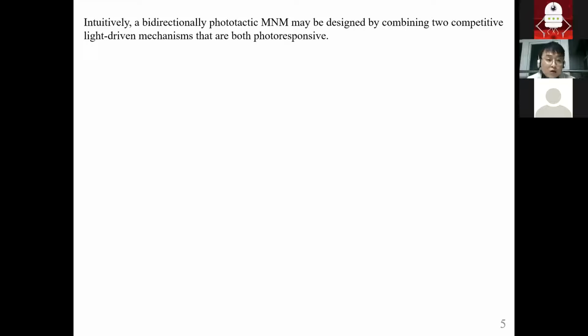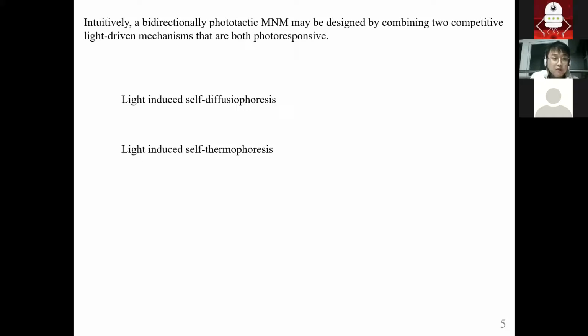Intuitively, a bidirectionally phototactic micro and nanomotor might be designed by combining two competitive light-driven mechanisms, which of course must both be photoresponsive, for example light-induced self-diffusiophoresis and light-induced self-thermophoresis.